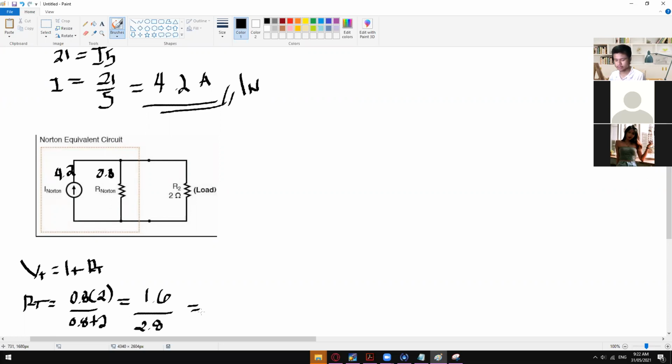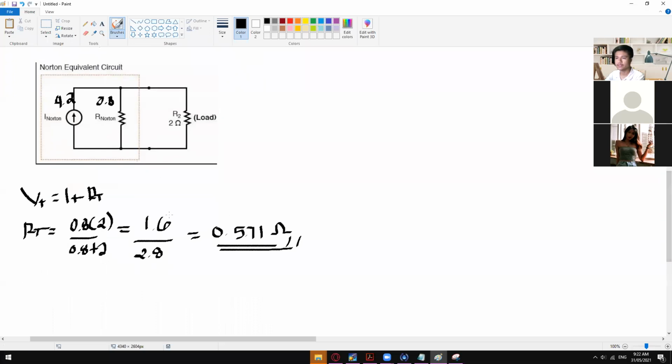So 1.6 divided by 2.8 will give us a final total resistance of 0.571 ohms. And then we can now use this one to replace this RT right here.